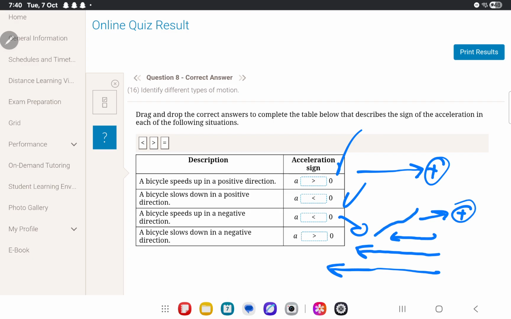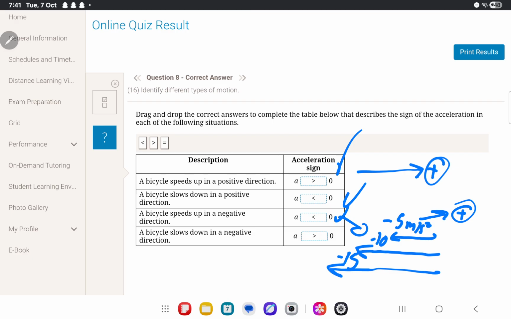So obviously you are moving in the negative direction, and your acceleration is less than 0. Your acceleration is negative, right? Because you're speeding up in the negative direction. Your acceleration is becoming smaller. So if you have 5 meters per second squared here, you're gonna have -10 and then -15, right? Your acceleration is becoming more and more negative. That's why this is the answer.